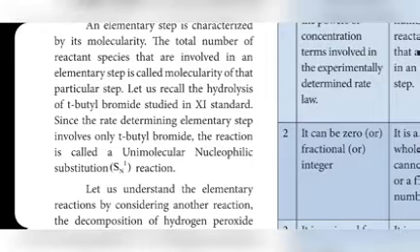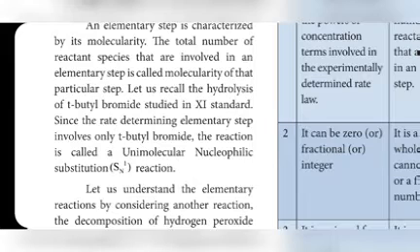Let us recall the hydrolysis of tertiary butyl bromide studied in 11th standard. Since the rate determining elementary step involves only tertiary butyl bromide, the reaction is called a unimolecular nucleophilic substitution reaction.